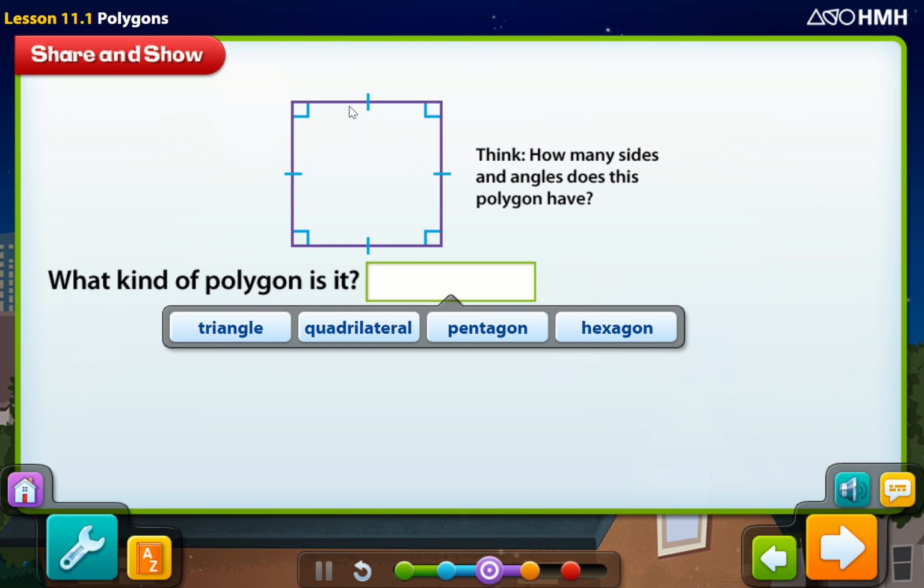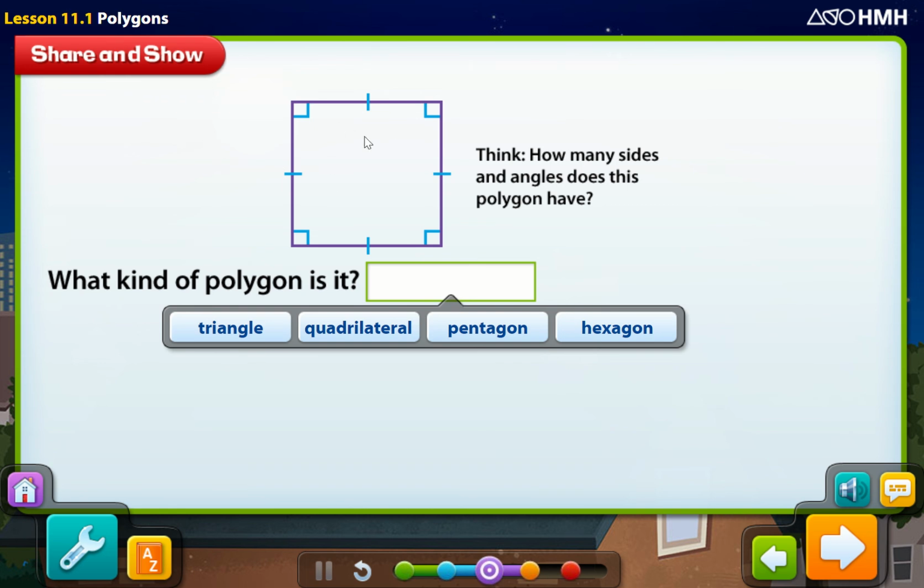So this shape has 4 equivalent sides and 4 90-degree angles. So this shape is a very special kind of rectangle. Remember, rectangle means that it has 4 right angles. This has 4 right angles and 4 equivalent sides. So it's a special rectangle called a square.